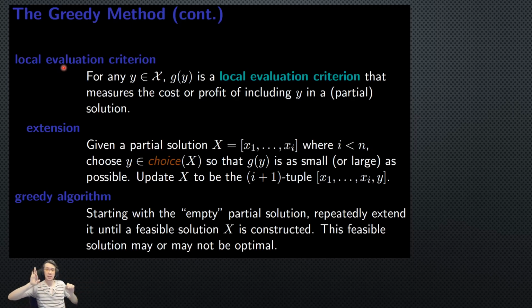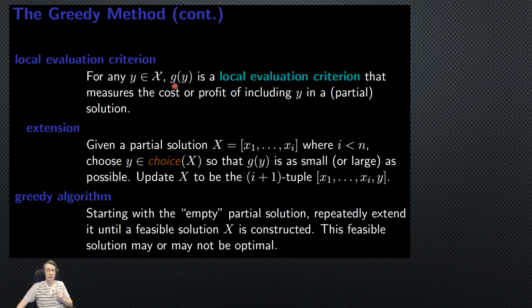And without considering any future choices, just the single choice I can make now and the choices I've made in the past, I want to make the choice that seems best using only that local information, not the global future information about future choices, just local information about this single choice that I'm going to make right now, ignoring the future. So I need some local evaluation criterion function, g.